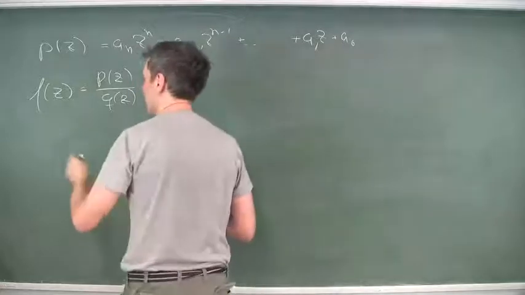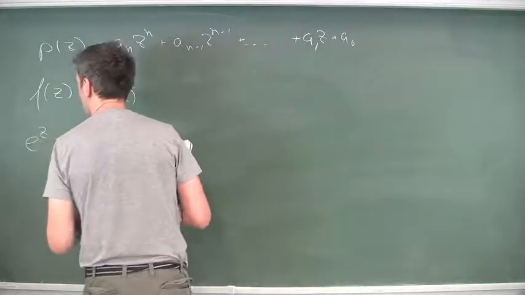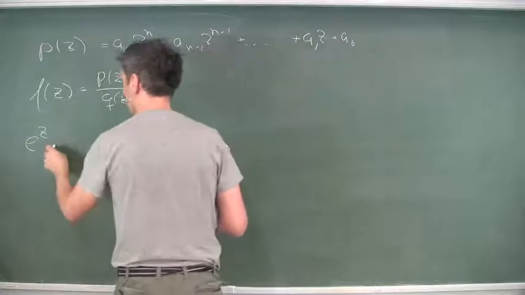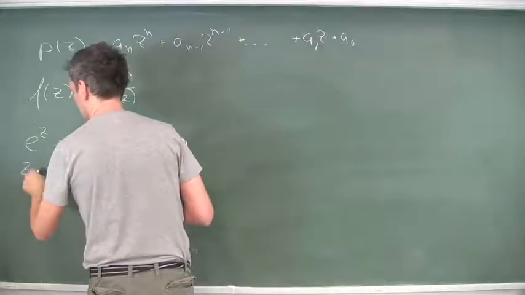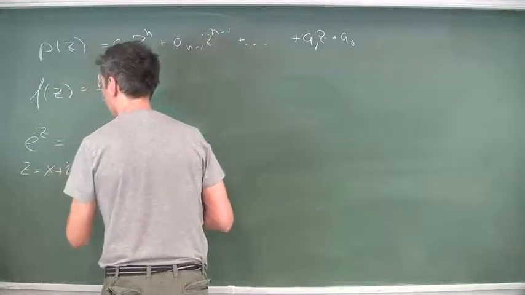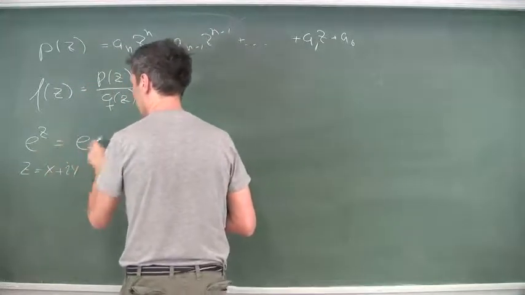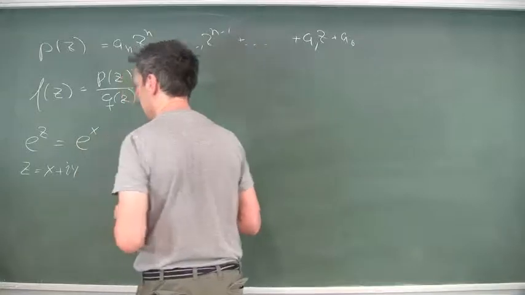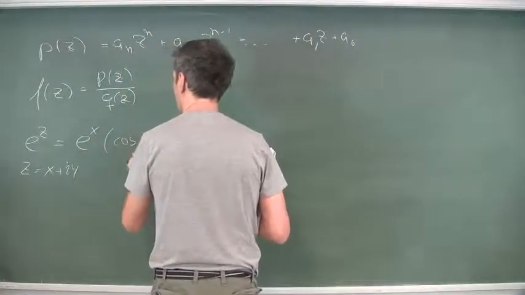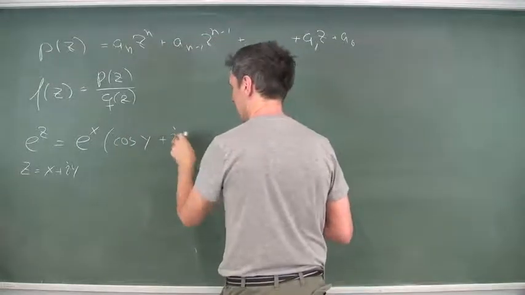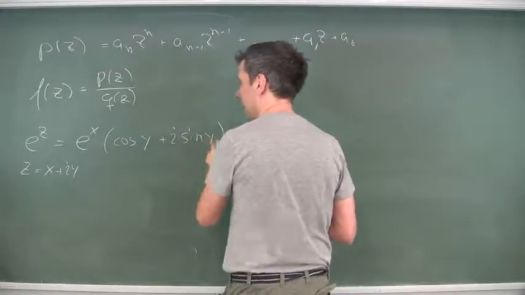And then we also have the complex exponential function, which can be defined if we put z equal to x plus iy. We can define this, if we like, as e to the x times the cosine of y plus i times the sine of y, like this.